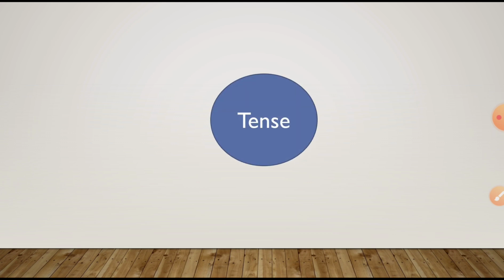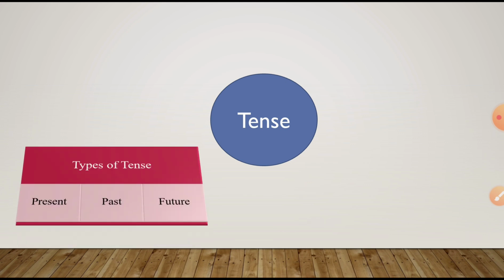Now, let us discuss tense. Can you tell me the main 3 types of tense? Yes, the main 3 types of tense are present tense, past tense and future tense.